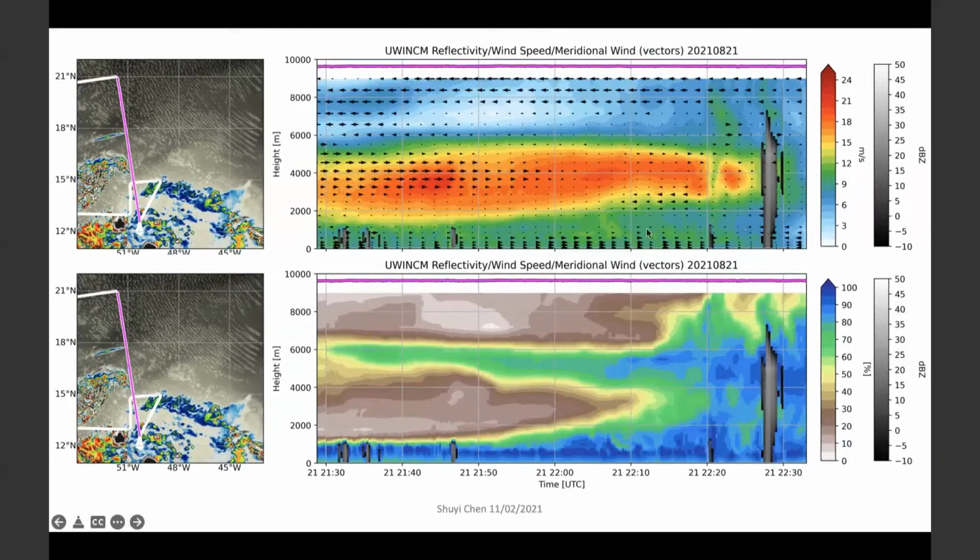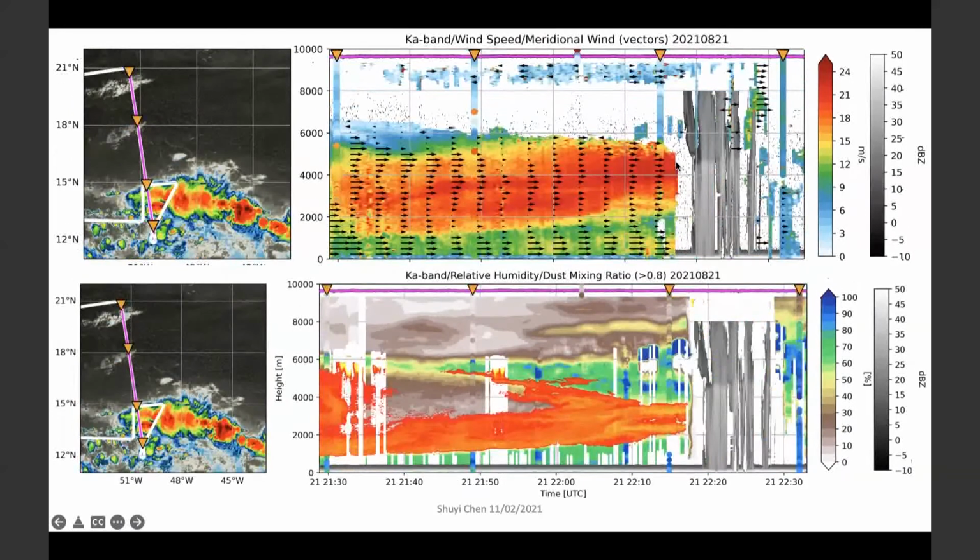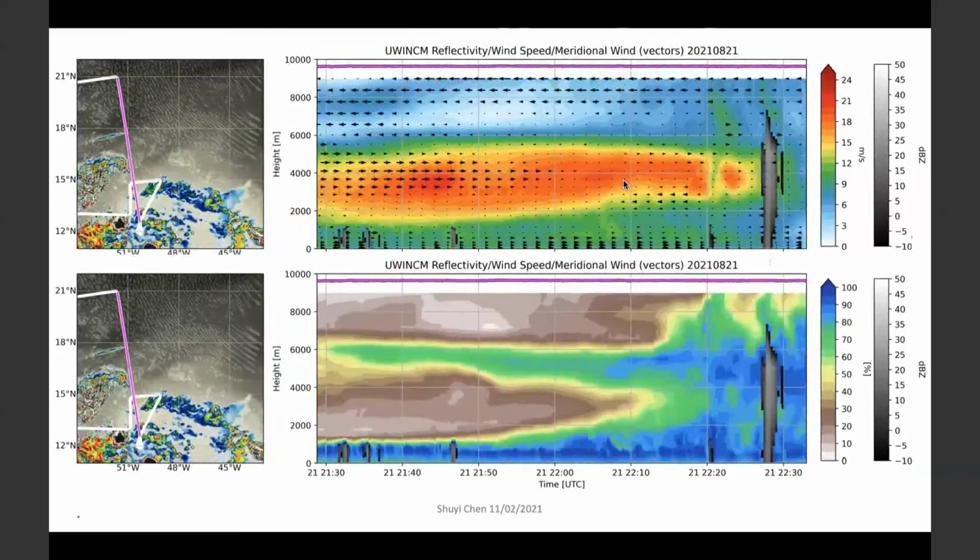But the important thing is this wind jet is there, but not as extended or as strong as observed, which is a repeatable feature. And the wind in the boundary layer and the boundary layer structure is an issue, because it's a very shallow boundary layer that tends to be overly saturated. And this is not unique to this model. Almost all the models we looked at have a similar problem.